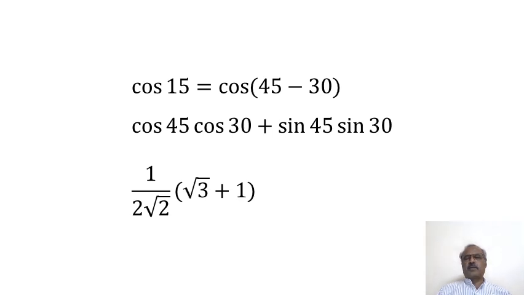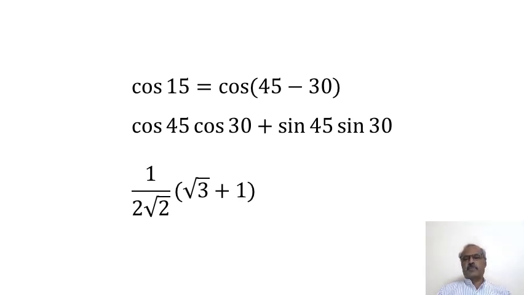This is obtained from the isosceles right angle triangle, and the values of cos 30 and sin 30 are square root 3 by 2 and 1 by 2 respectively, which are obtained from the 30-60-90 triangle, which in turn is obtained from the equilateral triangle by dropping a perpendicular from a vertex to the opposite side.